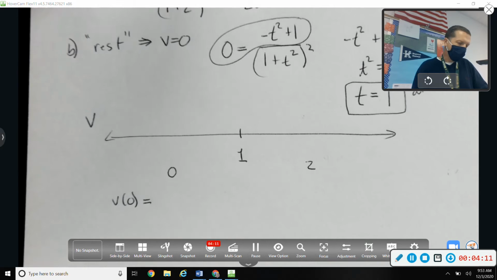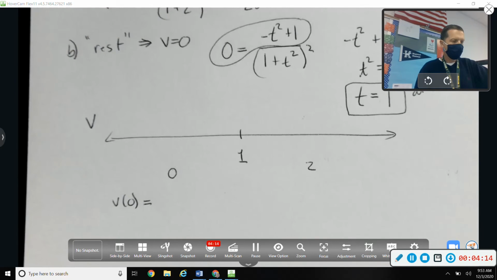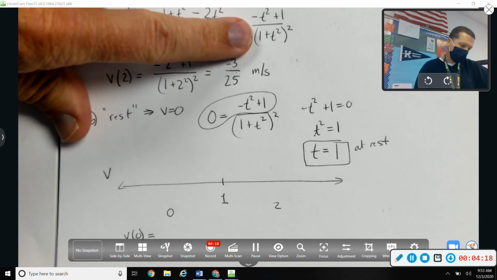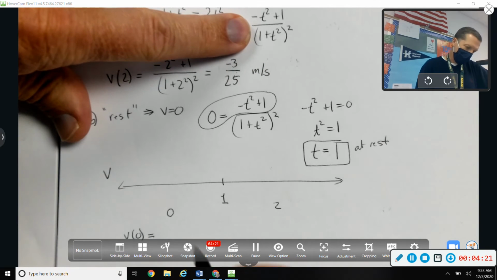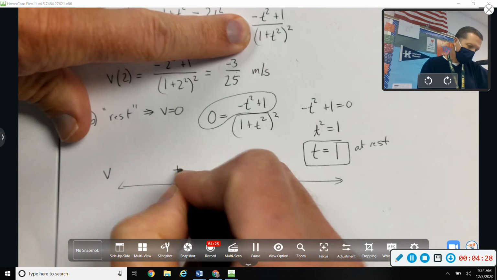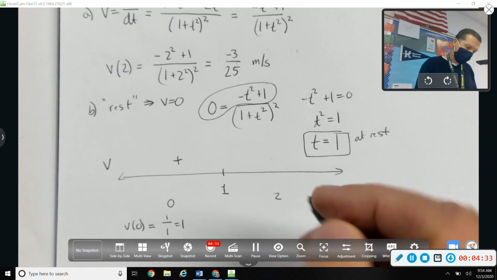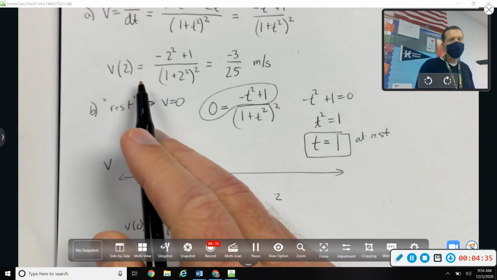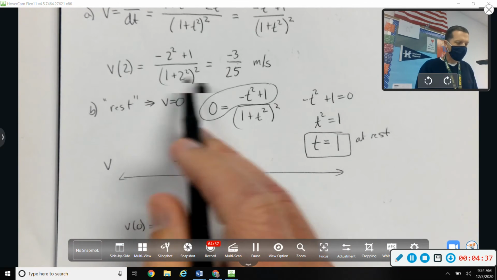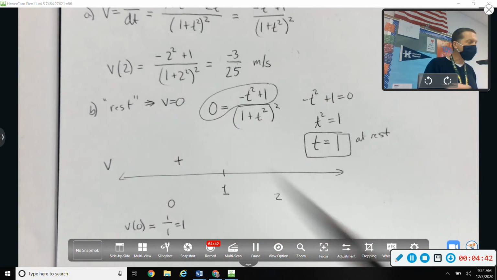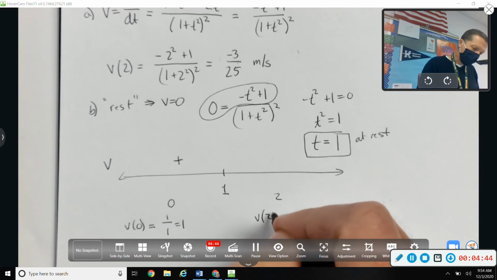v of 0, zoom out, look back at my velocity equation. If I plug in 0, I get 1 over 1. I get positive. If I plug in 2, we already plugged in 2, right? A lot of times the AP test will kind of rig problems to help you find stuff that you need later on. v of 2 is negative.